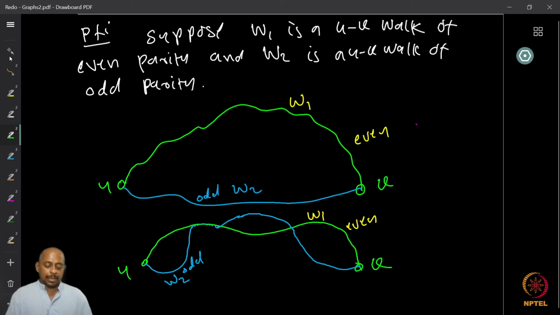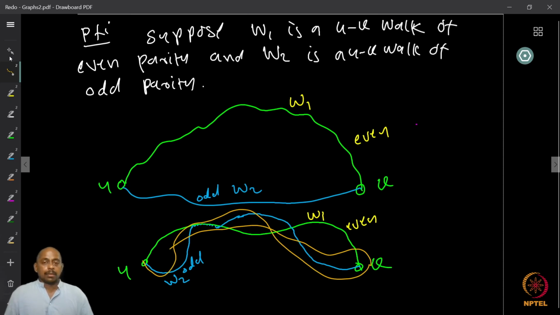So one is even and one is odd. UV through W1 is an even walk, and W2 is an odd walk. Now, no matter what, I look at the U to V walk and then the V to U walk through W2. So I take W1 first, then take W2. If I go from U to V through W1, then V to U through W2, it could be repeating vertices, edges, subpaths, everything.